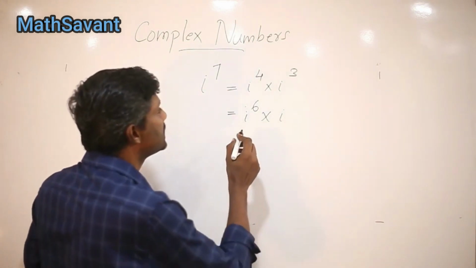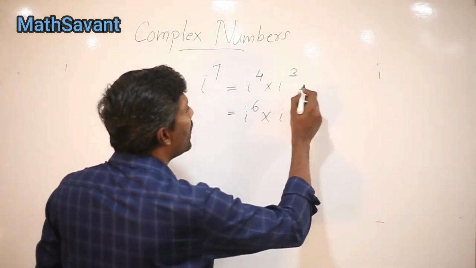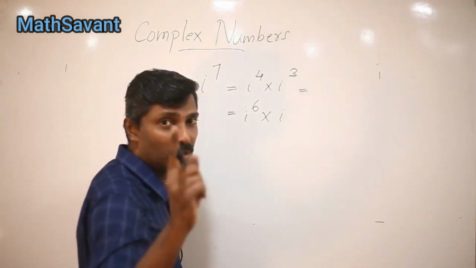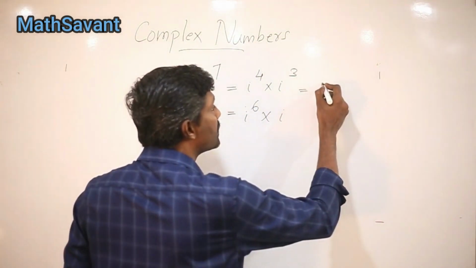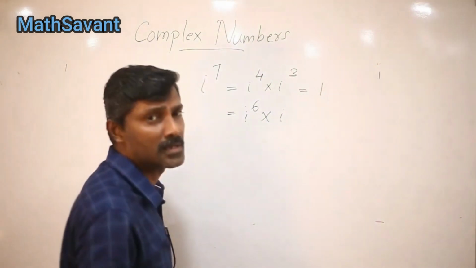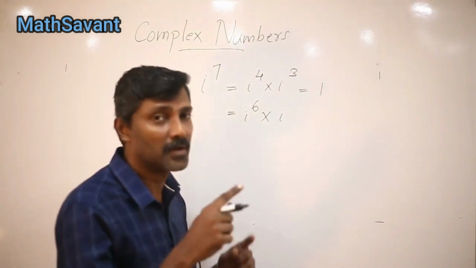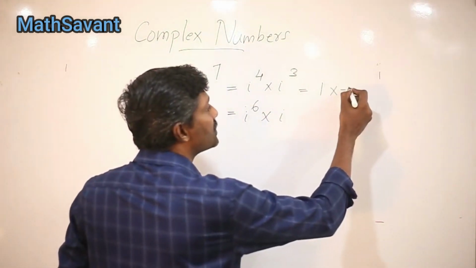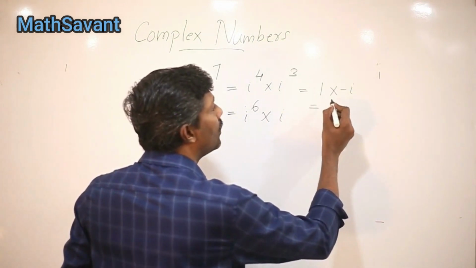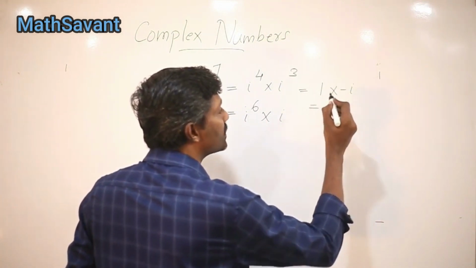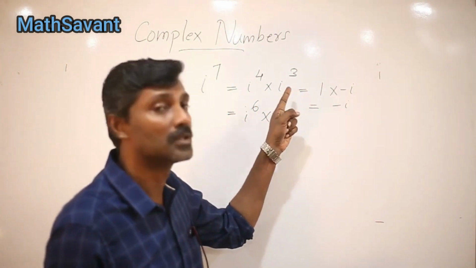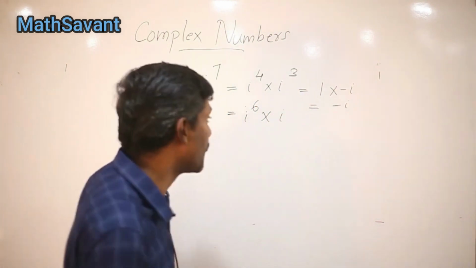Now just tell me what is the value of i raised to 4. I told you that i raised to 4 is 1. Remember that always. And what is i cube? i cube was i square into i, that is minus i. Just substitute the value of i cube, which is minus i, and we get 1 into minus i is equal to minus i. So i raised to 7 is similar to the value of i raised to 3, okay?